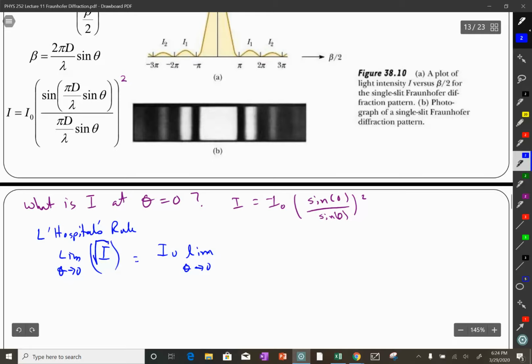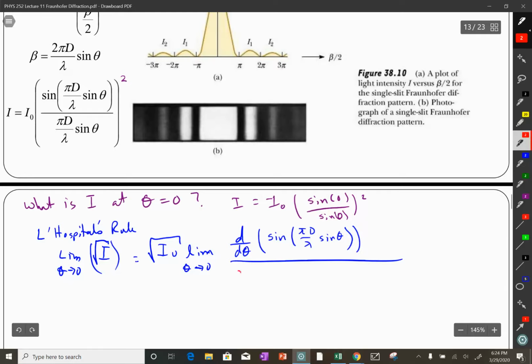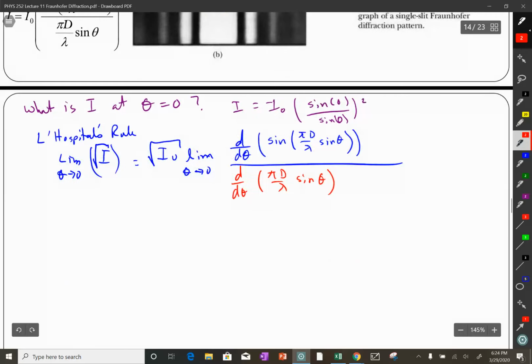I'm going to do the square root of intensity, because if I find the square root of the intensity, I can just square it and I'll know the limit of the intensity. So I'm going to have derivative of the top divided by derivative of the bottom, so I have to do those derivatives.